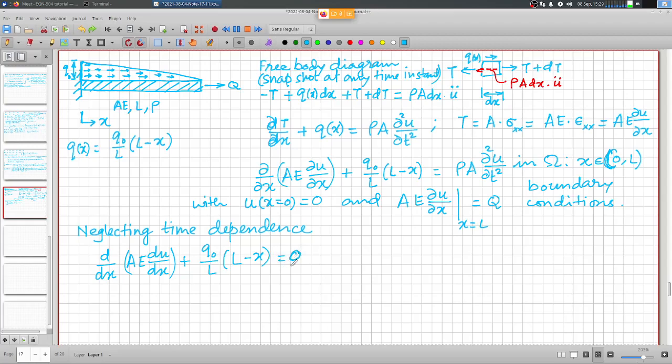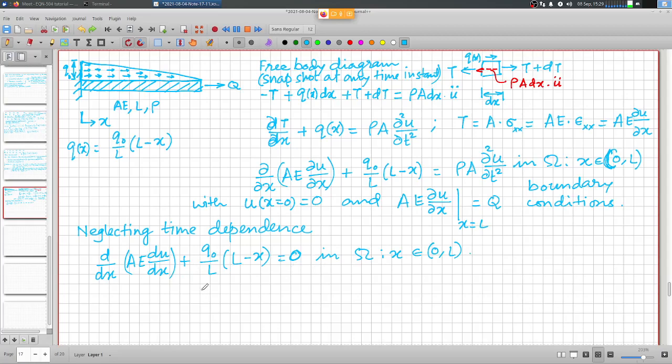With time dependence ignored, the inertia term will vanish, again in the domain omega, x in the range 0 to L.